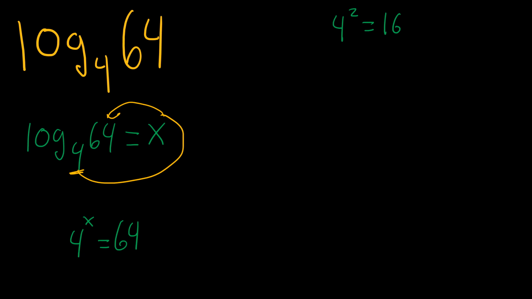So if we had 4 times 4 times 4, that would be 64. And this is also going to be equal to 4 cubed, right? So in this example, x would be equal to 3.